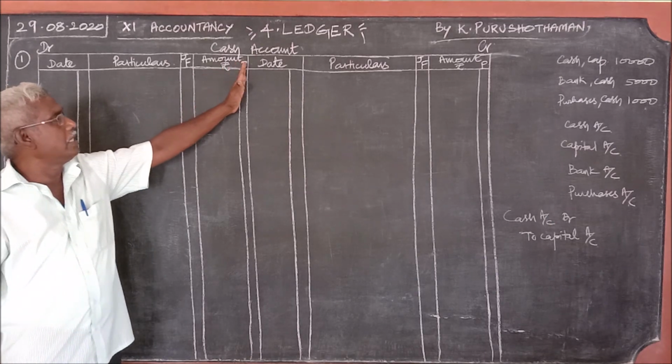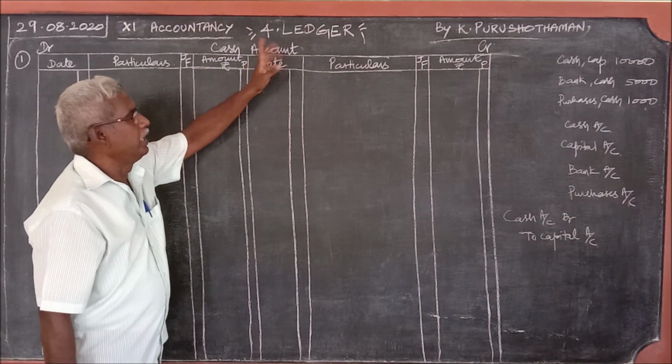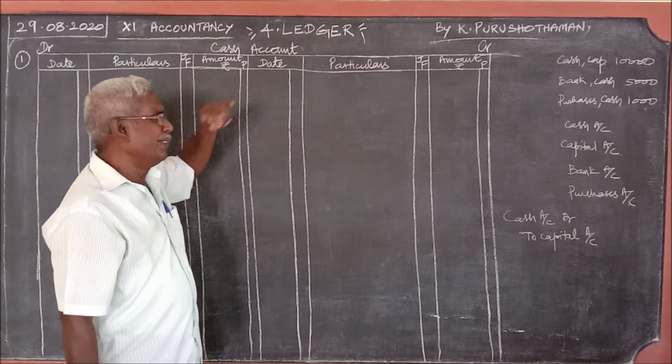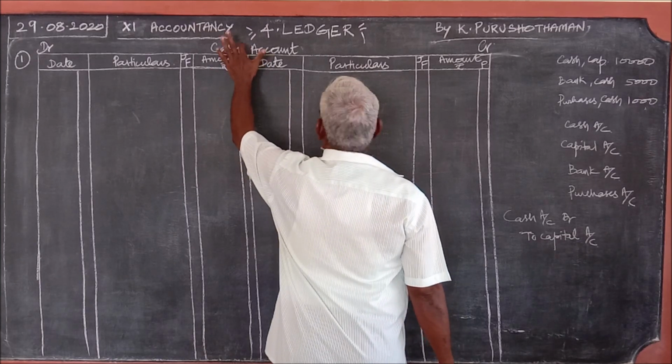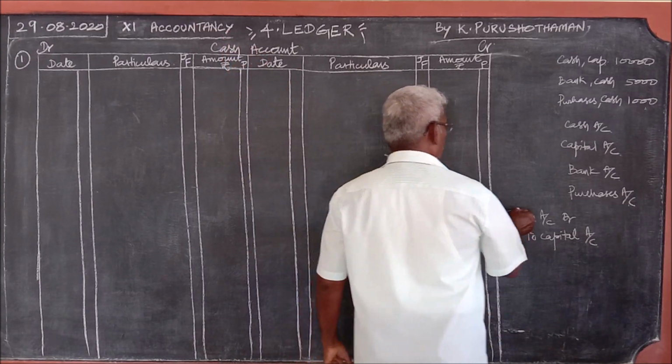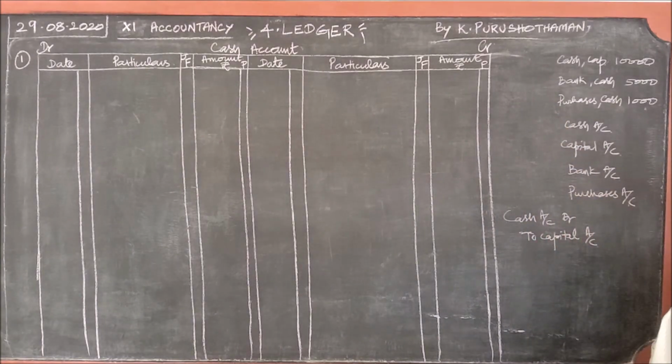See, with this debit is over, I have written cash, and on the credit side I have written account. This is cash account. Okay, now we are preparing the ledger for cash account. Go to the journal entry. The first one, cash account debtor to capital account.